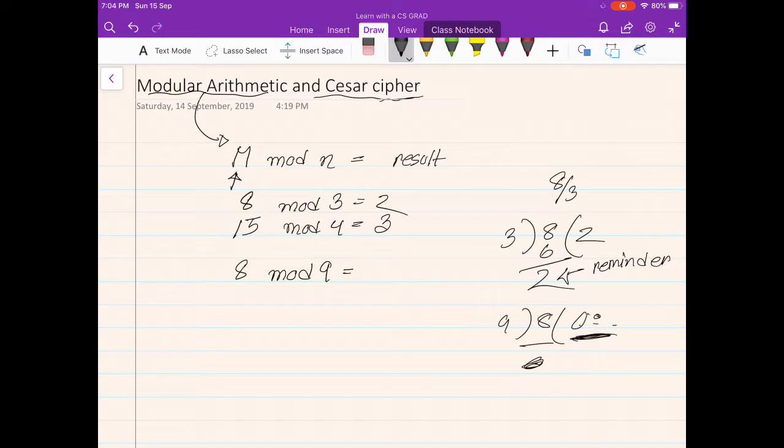So here the modular result would be 8. Always remember that if the number n is greater than m, then the result would always be m. Otherwise it would be the remainder that you get.